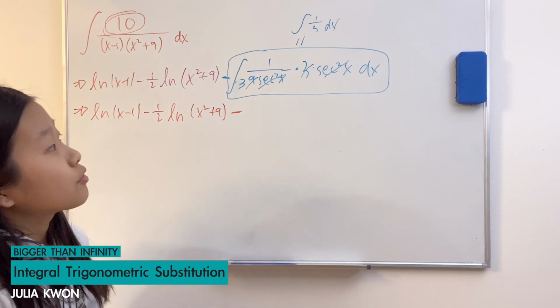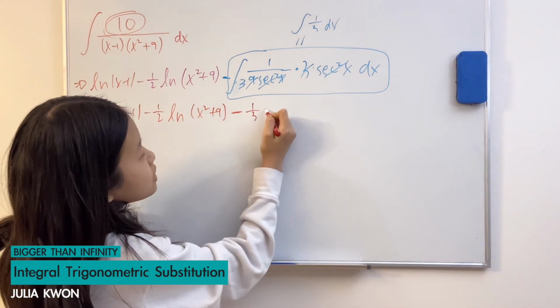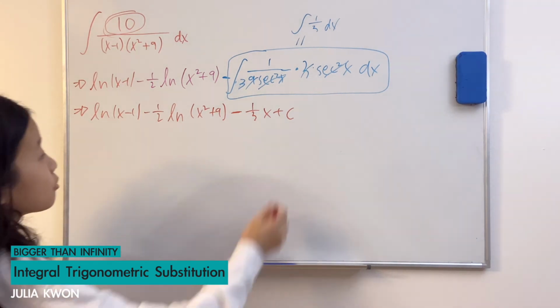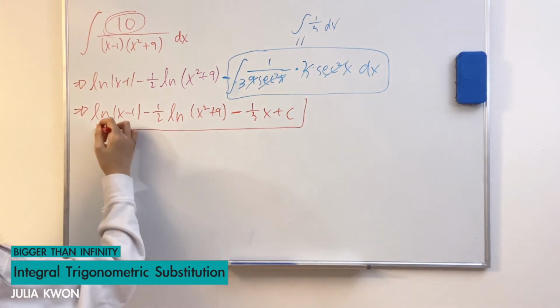And the integral of 1 over 3 is just 1 over 3 times x plus c, right? And that's our final answer.